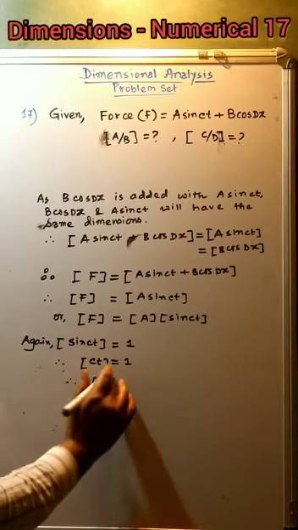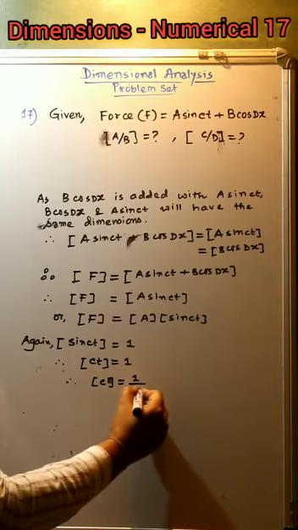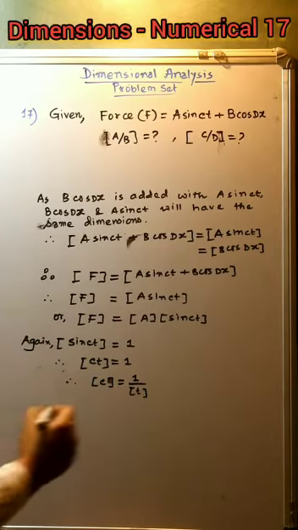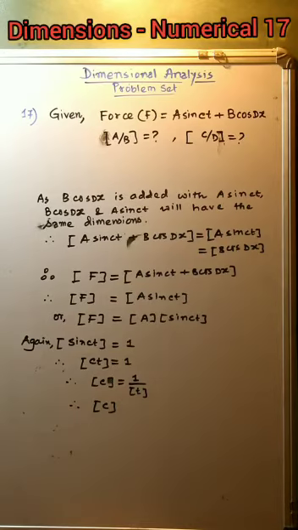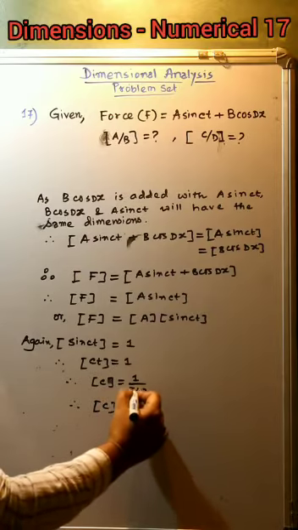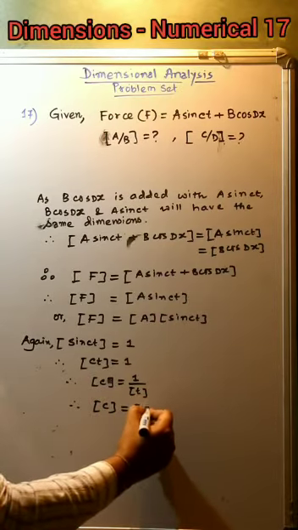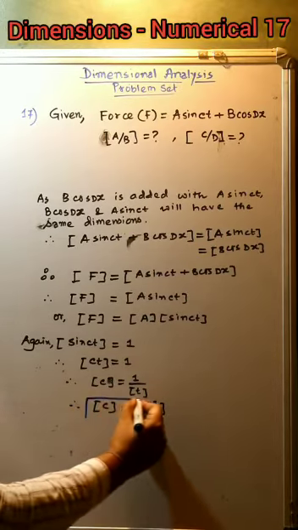Therefore dimension of c is equal to 1 by dimension of t. So we get the dimension of c as 1 by T, that is T to the power minus 1.